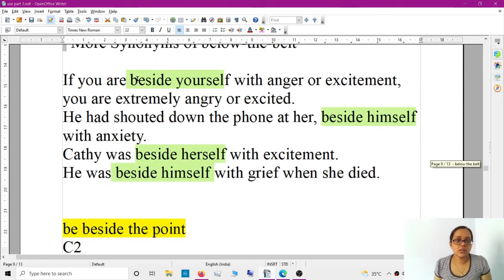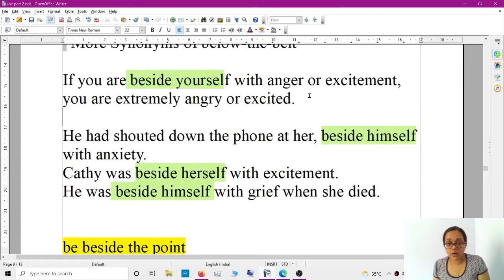And next vocabulary is beside yourself. If you're beside yourself with anger or excitement, you are extremely angry or excited.